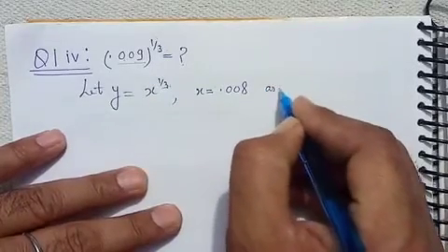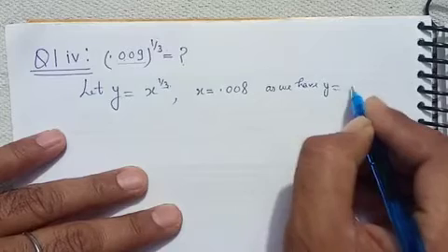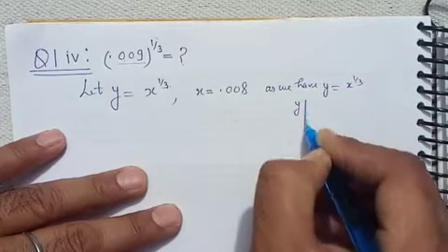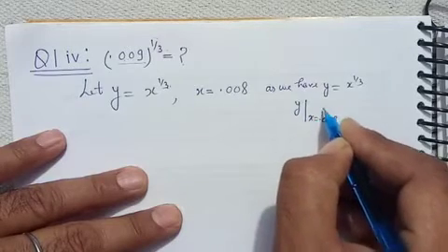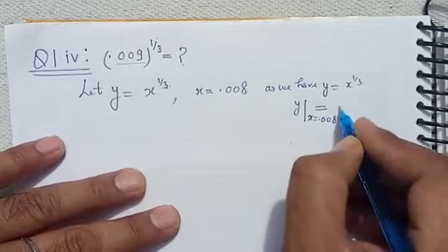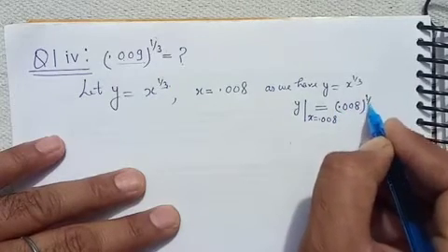As we have y equal x raised to the power 1 upon 3, when x is 0.008, value of the function for this particular value is 0.008 raised to the power 1 upon 3.